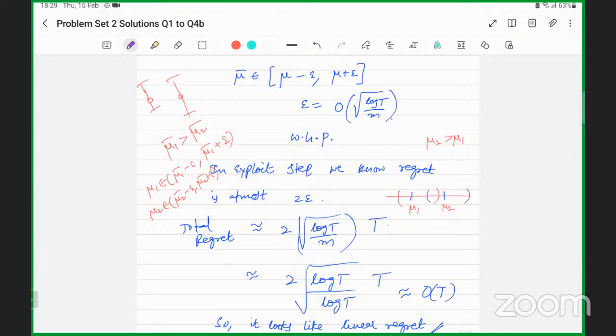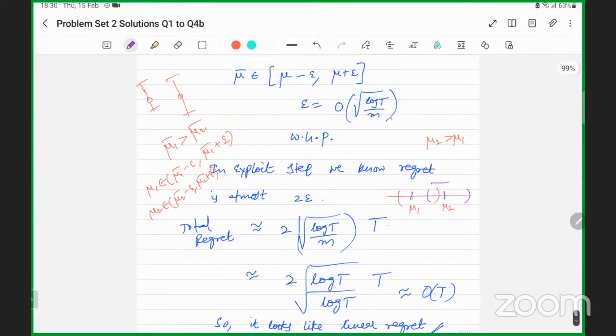Oh, mu1 is actually... so mu2 is actually the optimal arm. But somehow we ended up seeing that mu1 bar is greater than mu2 bar. So what is the worst thing that could happen for mu2?